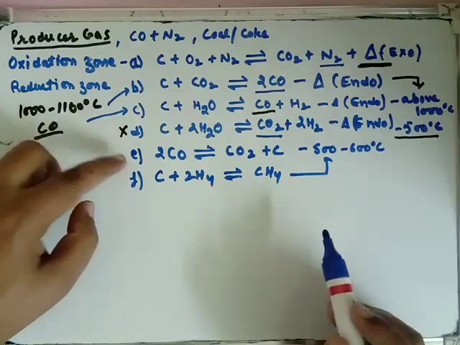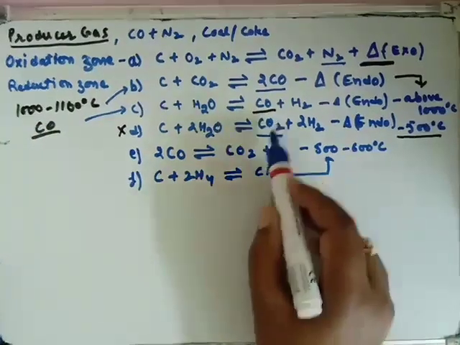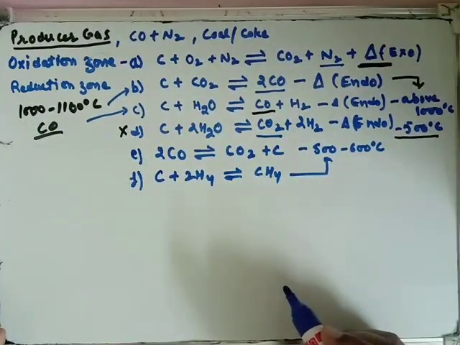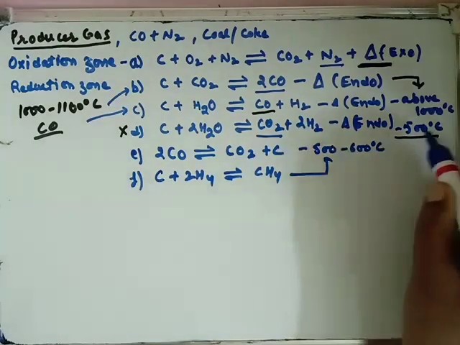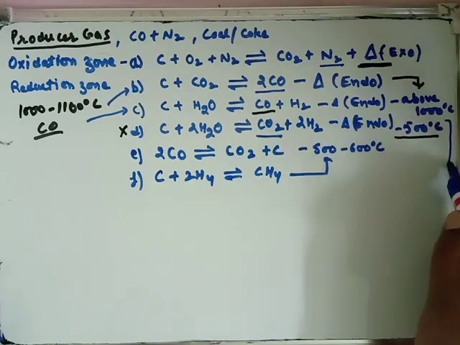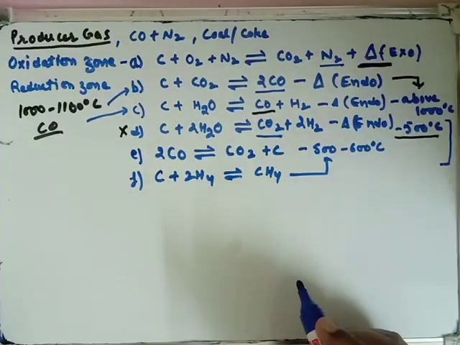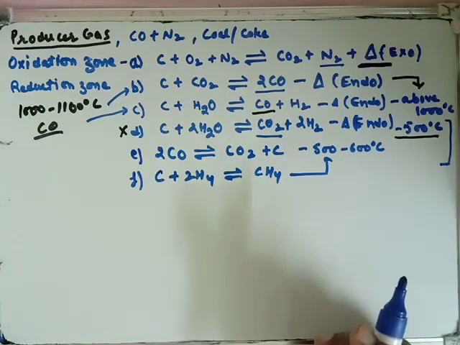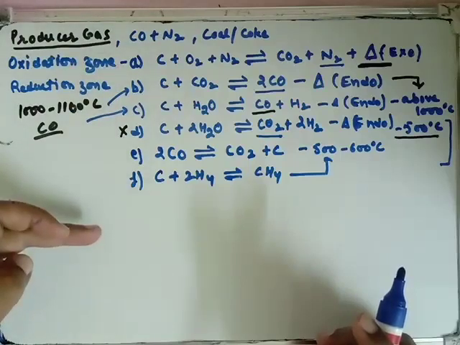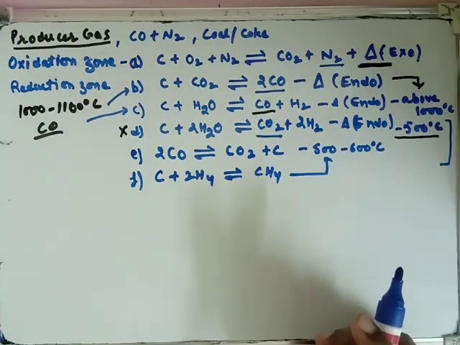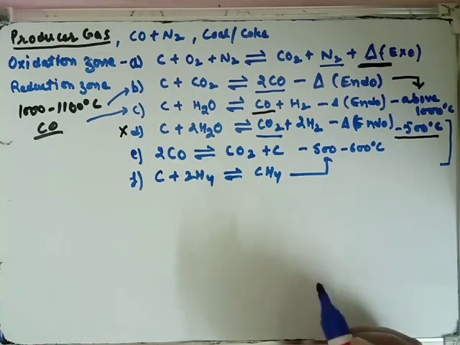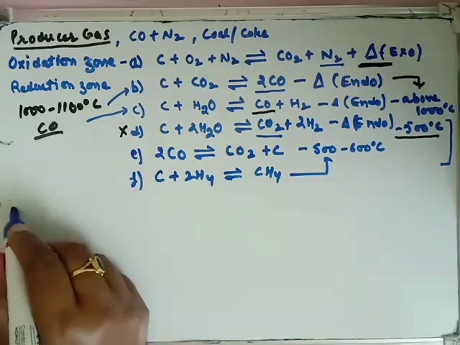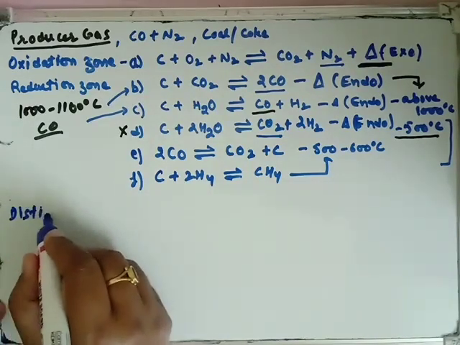Reactions D and E are highly unfavorable because they lead to production of carbon dioxide, and that happens only when the temperature of the reduction zone falls to 500 to 600 degrees Celsius. Right, these are all the reactions, A to F, in the oxidation and reduction zones. Now, the reaction in the distillation zone.